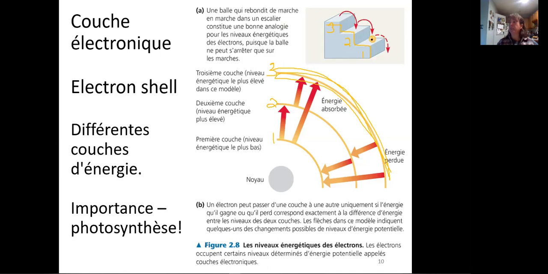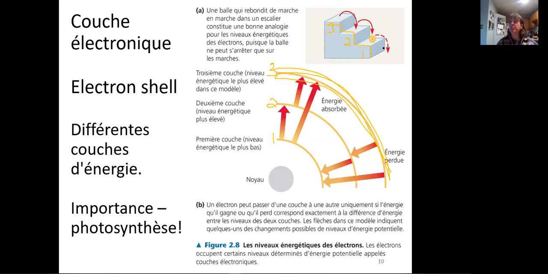So a ball is not going to move from step 1 to 3 on its own. You have to come over, pick up the ball, and it takes your energy to place that ball up higher. So now that the ball is in this highest level, it has energy to do work.